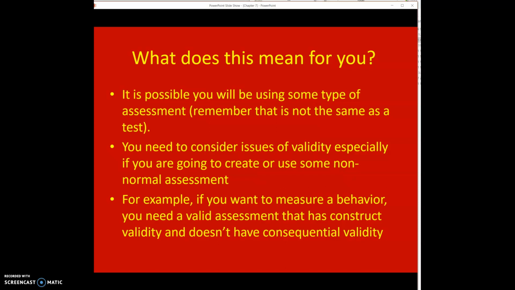When we had our discussion the other day in class here on campus, there was a wide range of things that people were talking about assessing. If you're using something that's established like a STAR test or an end of course test, even though we know it probably has its issues, it's something that's pretty safe.